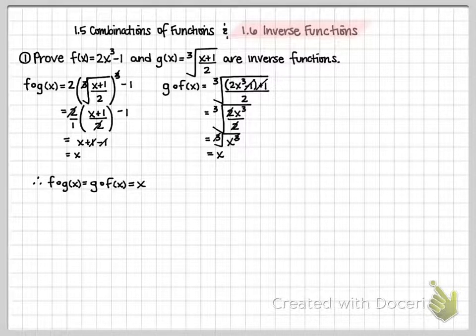So I'm basically saying that both of those things are equal to x and they happen to be equal to each other. Because of that, this implies the original functions f of x and g of x are inverse functions.